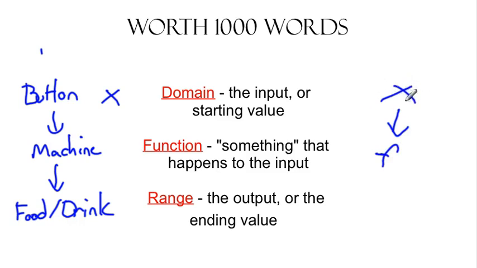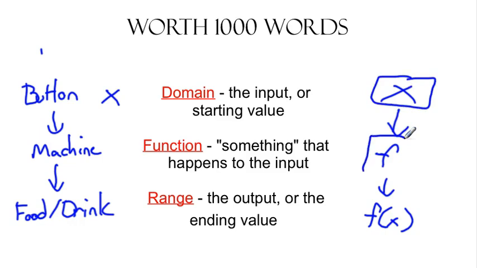So x is my input, and I put that into f, and I get my output, which I call f of x. And so what I see here is my input, my domain, which function is happening, and then collectively this whole thing right here together is my output, my range.